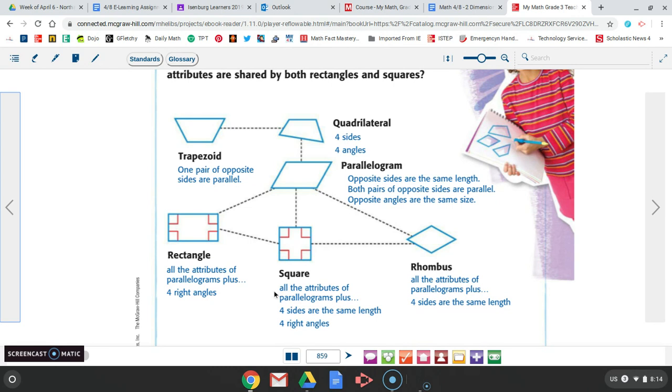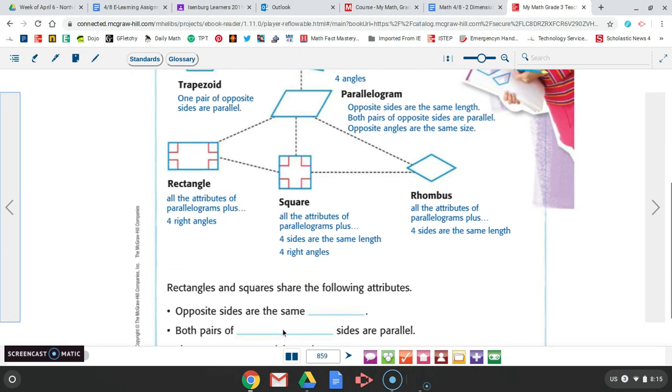So now let's look at the square. Notice how it has to have all the attributes of a parallelogram. So rectangles and squares are the same because they're both a special kind of parallelogram. Another thing I noticed that the same is that a rectangle and a square both have 4 right angles. So they're the same in that all of their angles have to be right angles.